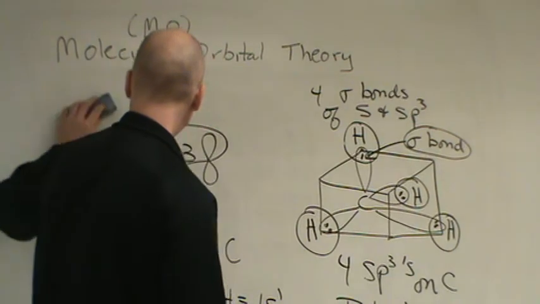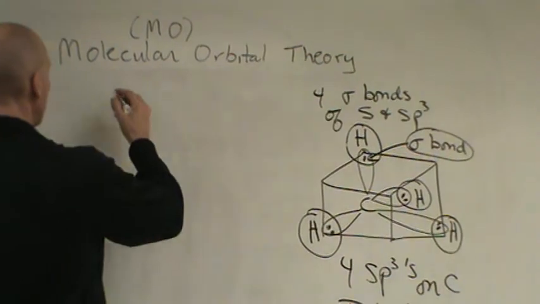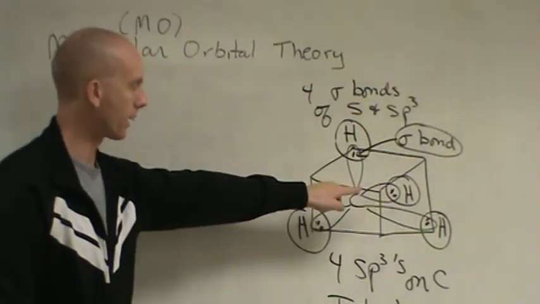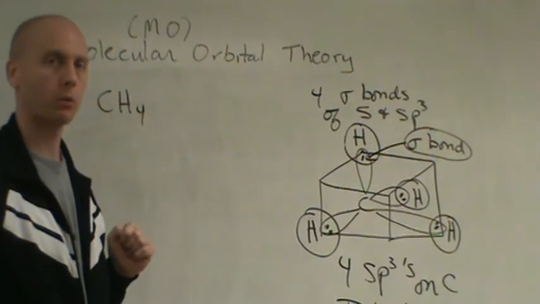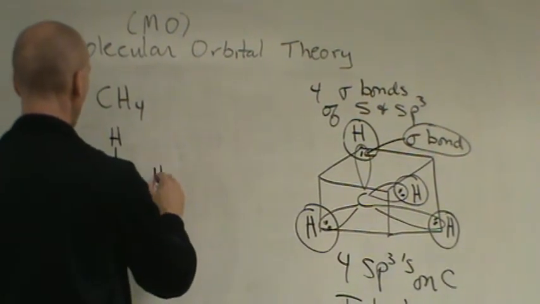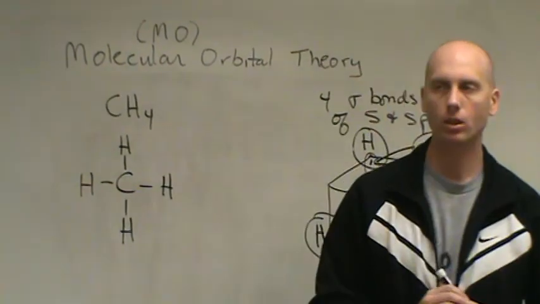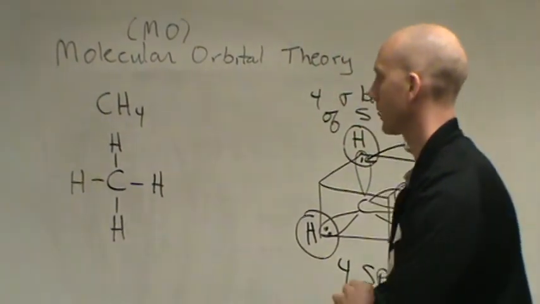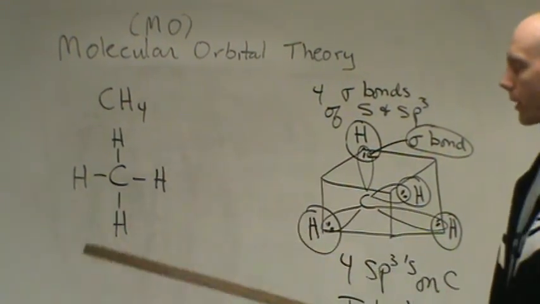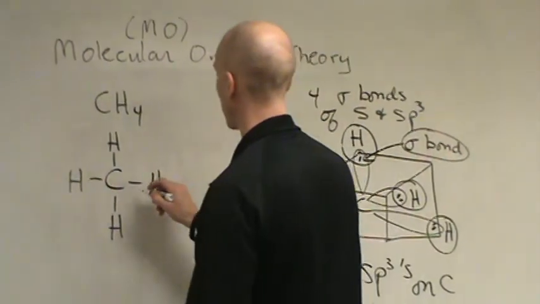So, what we have done here is we have drawn CH4 in a little bit more detail than what we were used to. CH4, if you were to draw the simple Lewis structure, we were used to just simply seeing it like this, right? But now, according to molecular orbital theory, I know more detail about each of those 4 bonds. That it's what?